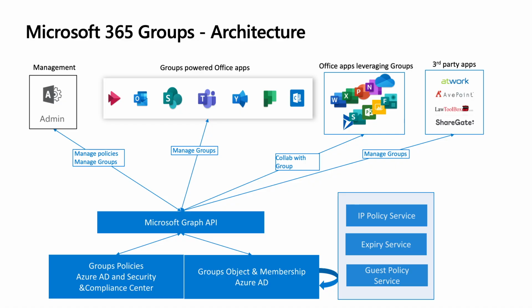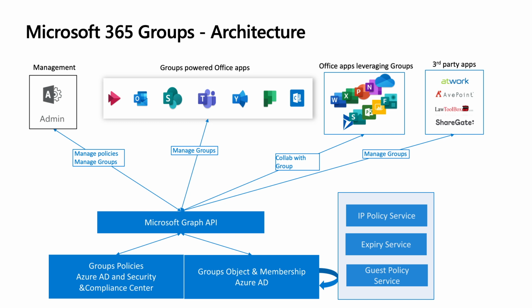So now let's go back and take a look at the architecture diagram we looked at initially and do a quick recap. As we saw, all of the group operations, like say creation or membership management or policies, flow through the Graph API. All the surfaces are connected to our backend through this API platform. And below the platform, we have these various policy engines that are working on all the groups stored in our Azure AD service.